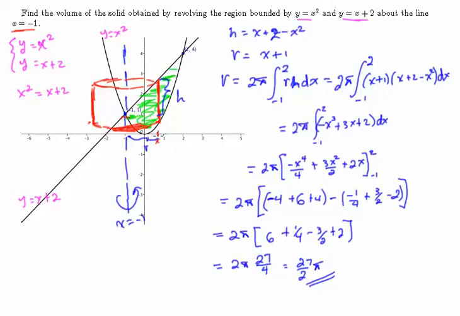So you pick an x and make a segment in your region, revolve the segment, and because the segment is parallel to your axis of revolution, that makes a cylinder, and find the surface area of the cylinder. That's 2 pi rh. To do that, you need the value of h and the value of r in terms of x, and then that's the integral to calculate. You compute the integral and you get the volume.